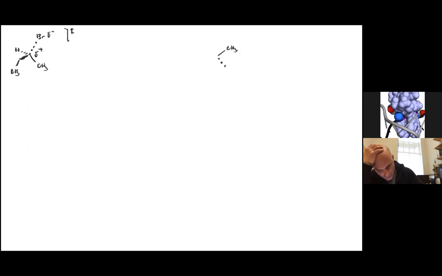Br minus is coming in. Ethyl group is up. Hydrogen is back. Delta plus, delta minus, and double dagger. Okay, so those are the two transition states. This was pathway A and B, okay?